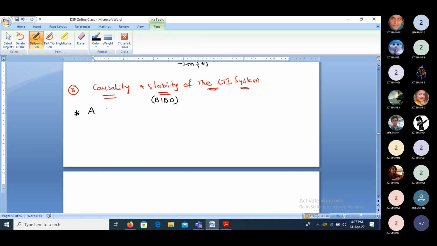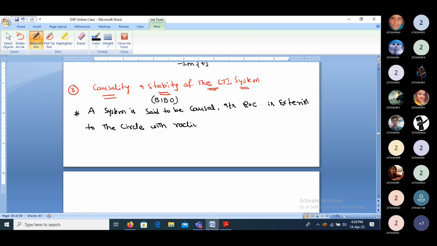A system is said to be causal if its ROC is exterior to the circle with radius r, that is mod z greater than r. This property was already discussed in the ROC properties.